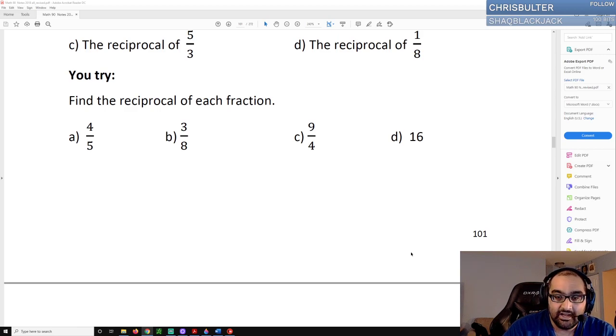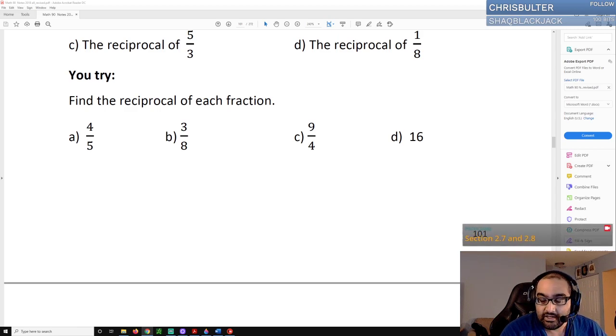And if we have time, we'll get started with adding and subtracting of fractions. We may take a look at that at the end. Just to let you know, sections 2.7 and 2.8 is what we're definitely doing today.